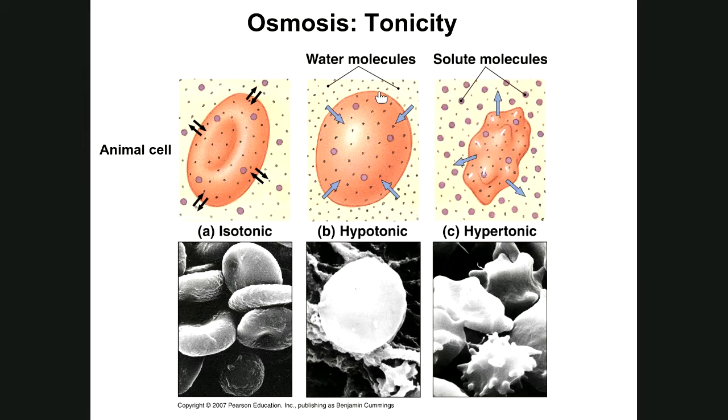This stress can result in a cell losing its normal shape, as they're showing you here. Now, the stress created by water moving across the cell membrane is described as a type of pulling pressure, better known as osmotic pressure.